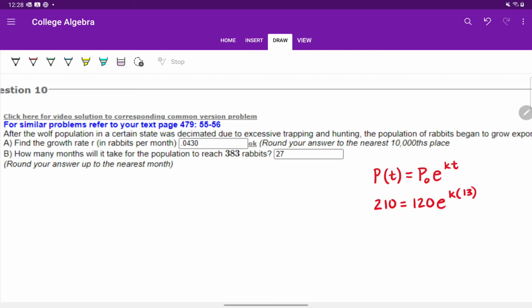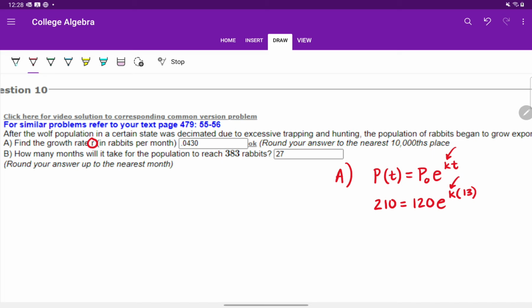The question is, question A is find the growth rate in rabbits per month. They're calling the growth rate R. We called it K, but they're looking for this number. So part A, we want to find our constant of growth. So all we have to do is solve this for K.